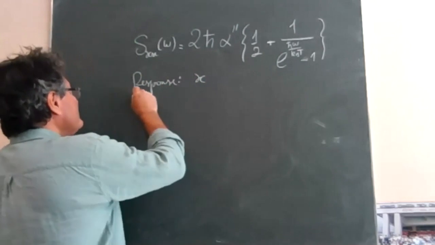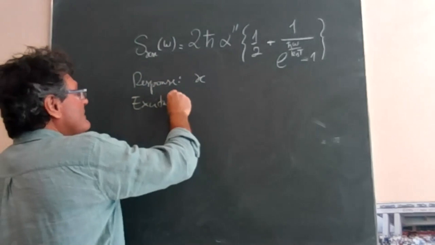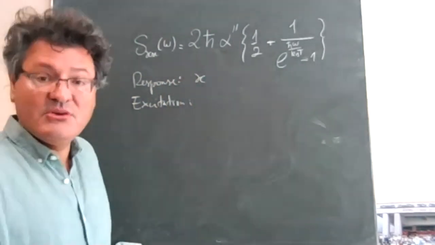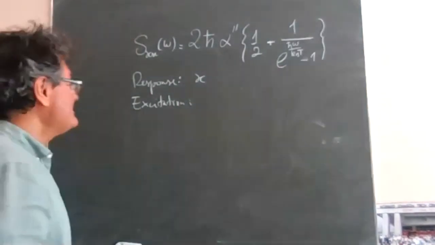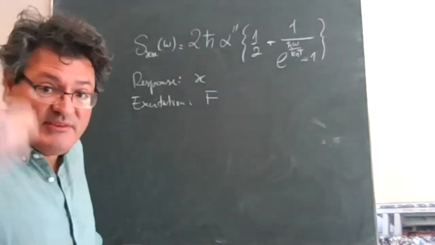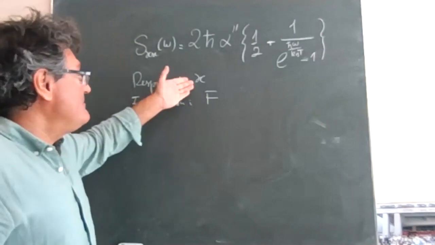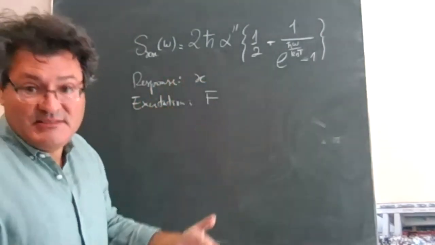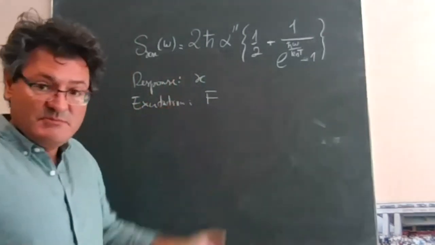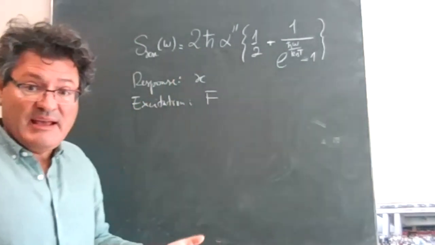The solicitation or the excitation: at this variable x, there corresponds an excitation that we can call f, because if we are thinking in mechanics, to the variable x that is in this case displacement, the corresponding excitation is the force.